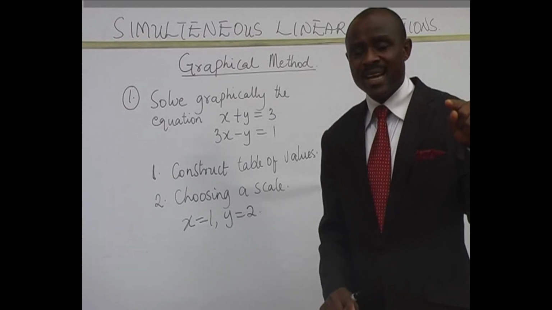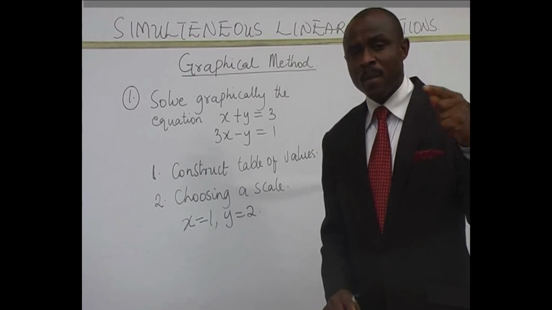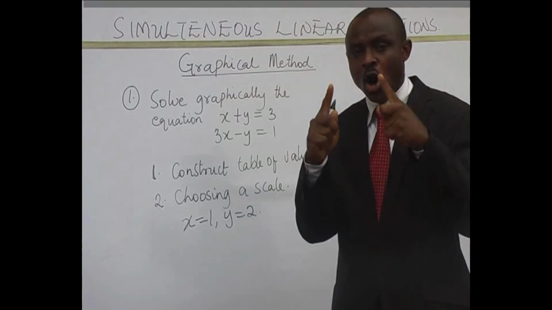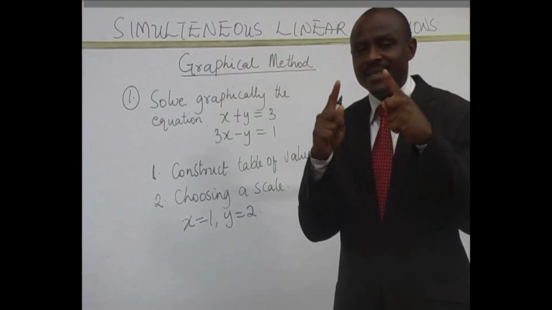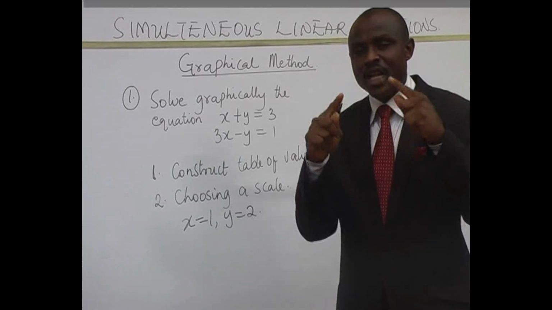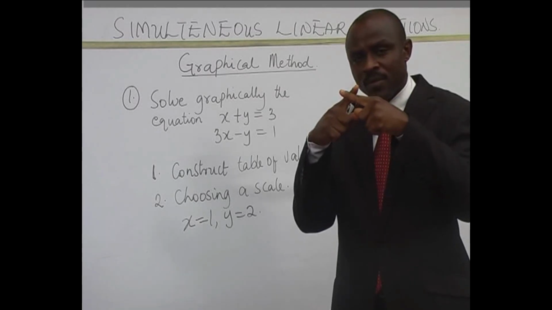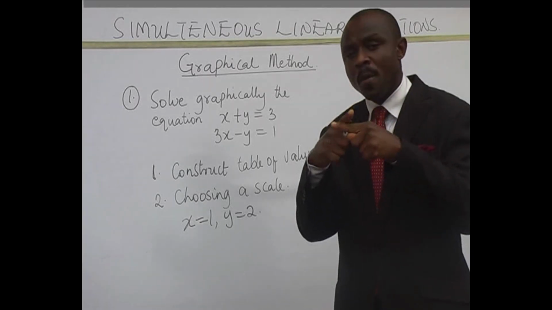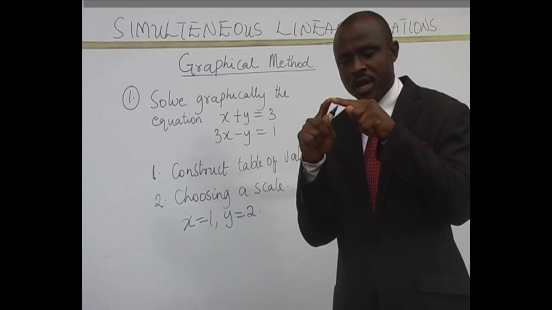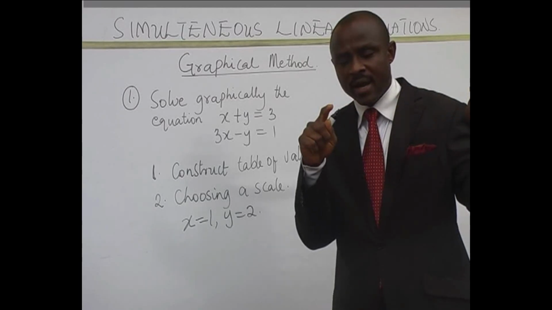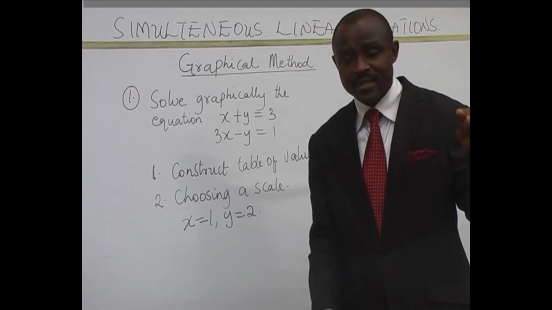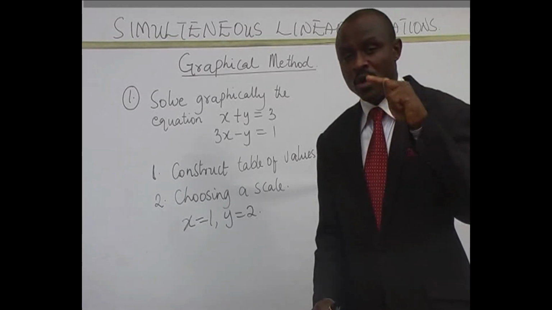So when you are plotting the graph of a simultaneous equation, bear in mind that you are going to have two straight lines on the graph, and the solution to the equation is the point of intersection of the two lines you are going to plot. Read horizontally from the point of intersection the value of y and read vertically down the value of x. Whatever you get will give you the solution to that equation.